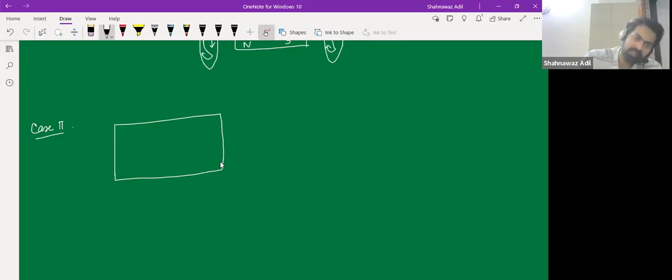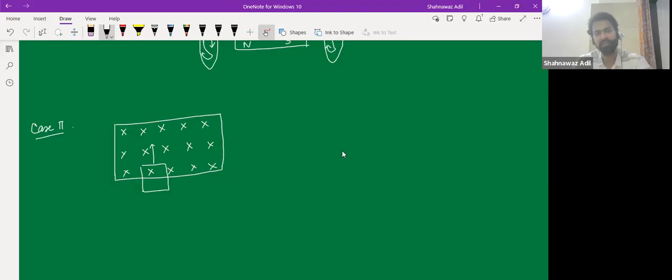Now, in this case, you have a fixed magnetic field. So this is what direction, Aisha? Inwards, right? So this is inwards direction. And you are bringing a coil in this direction, right? So what will happen to the magnetic flux?